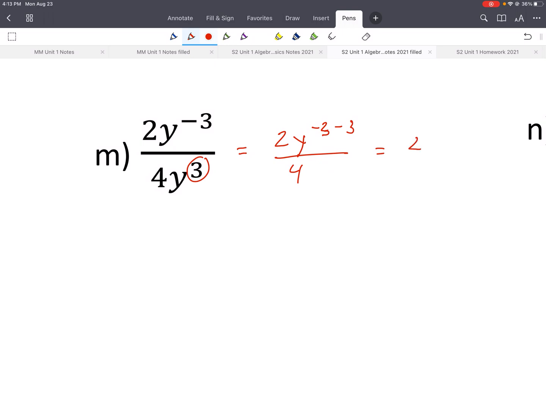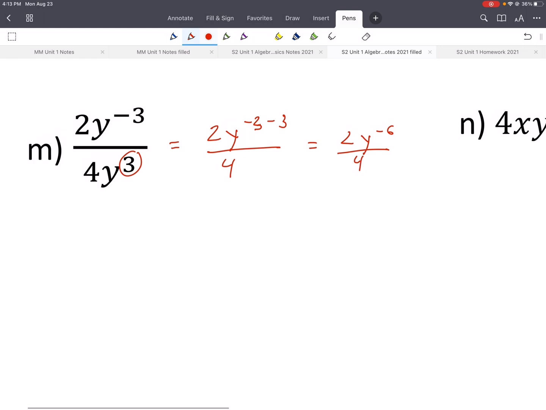And that would give us 2y to the negative 6 over 4. Okay. Looks like we could simplify this. This is 1/2 instead of 2/4. And we have this negative exponent we need to move to the bottom. So we'll do 1 over 2y to the 6th.